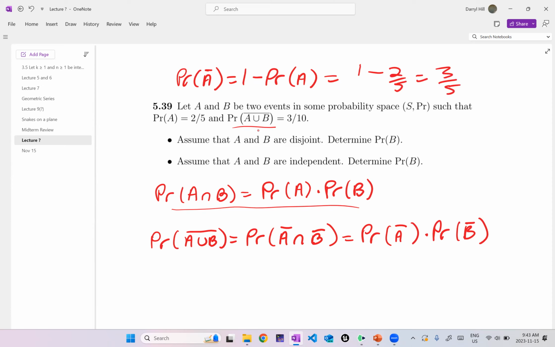And I know that probability of B complement, I don't know the value, but I can write it in terms of probability of B. So this I know is 3/10. So I can say 3/10 is equal to 3/5 times the probability of B complement, which is 1 minus the probability of B.